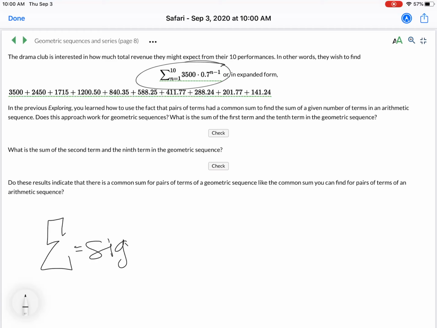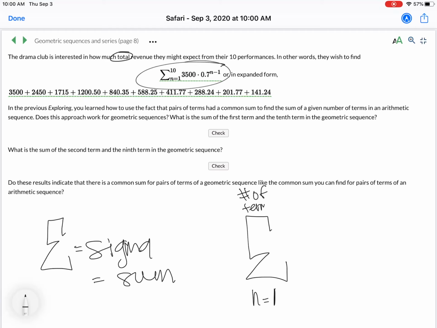This is a sigma, which stands for sum, also known as the total. Okay, remember we had this sigma. This is n equals 1. These are our number of terms. And then here is our equation, which is what they've done right here.